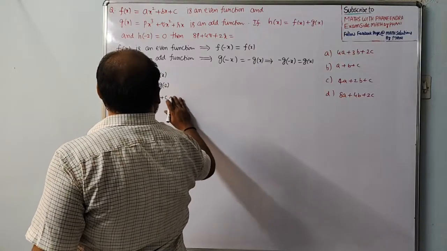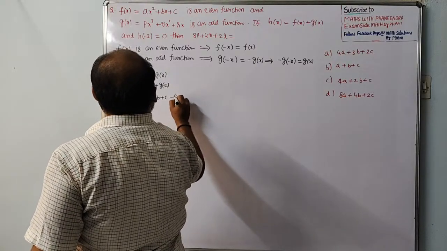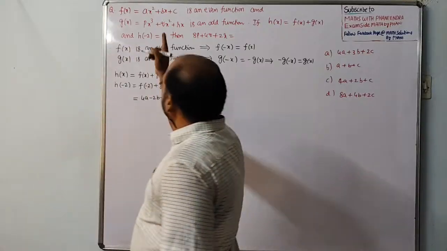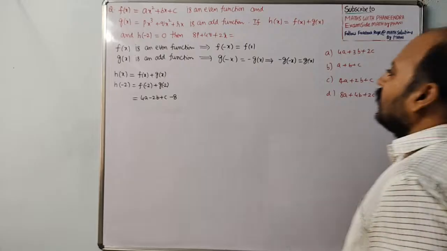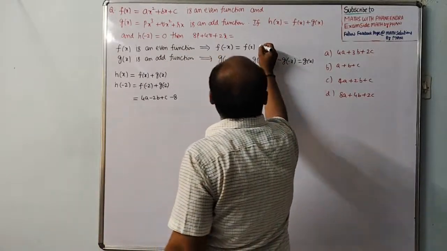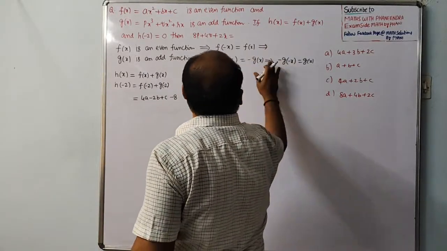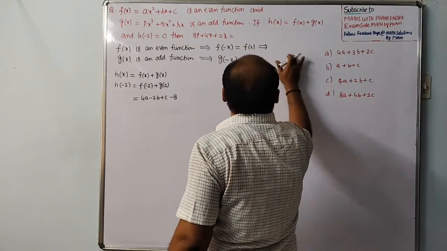I think ax square minus bx is there in the question, and once again I will check it. Here we have to use this result, dear students. I forgot to use this result. Well, the question is correct only.